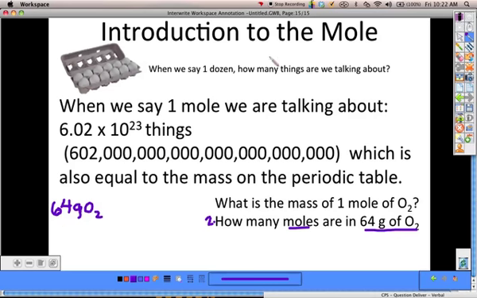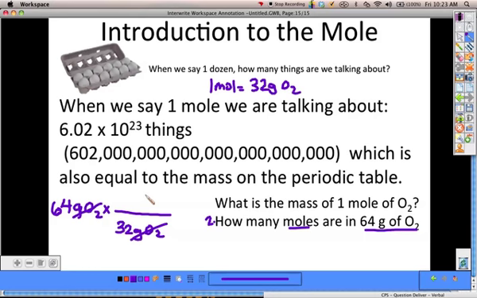My ratio from before said that 1 mole is equal to how many grams of O2? 32, yeah, we figured that out by multiplying 2 by the mass of 16. So that's the ratio I'm going to use on my fraction. What am I going to put on the bottom? 32 grams of O2, so that my grams of O2 cancel out.